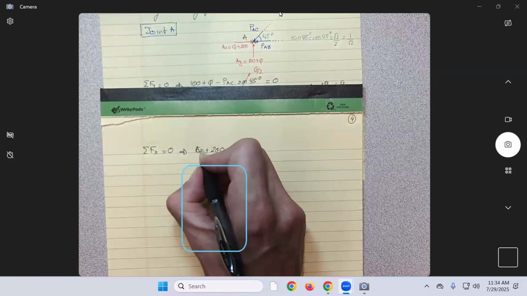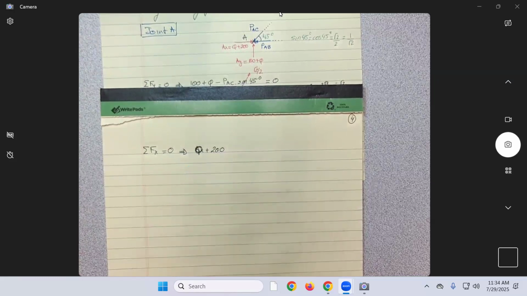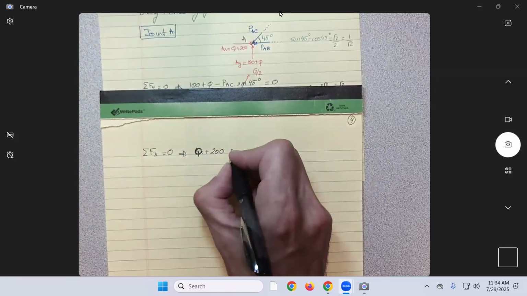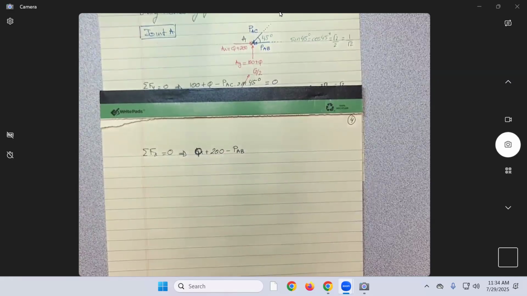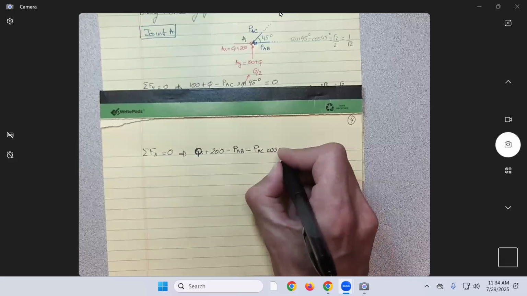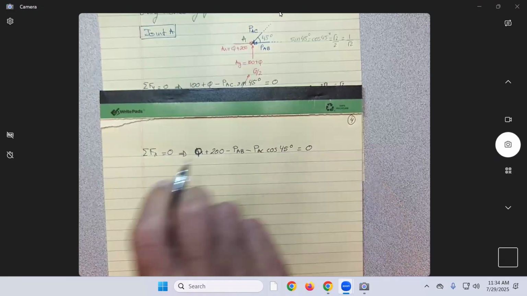We get Q plus 200, which is the AX, minus PAB, which is now the one we need to find, minus PAC cosine 45 equal to 0.